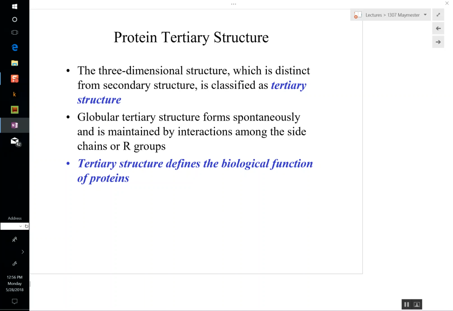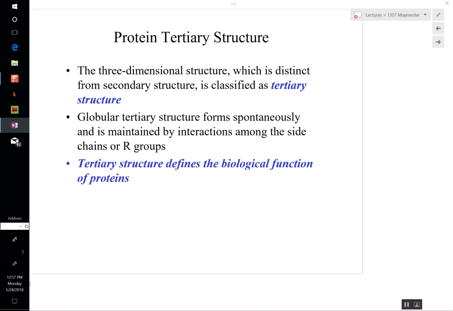Here's where the tertiary structure comes in. Now this is actually where the protein gets twisted into its final conformation. And that final conformation is very, very important. Think of a protein like a key that has a certain structure to it.